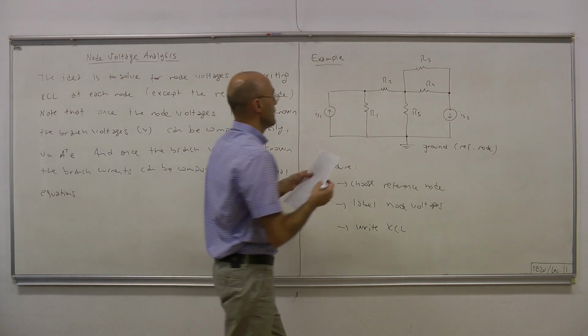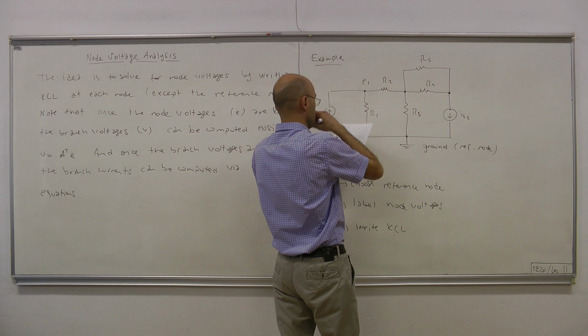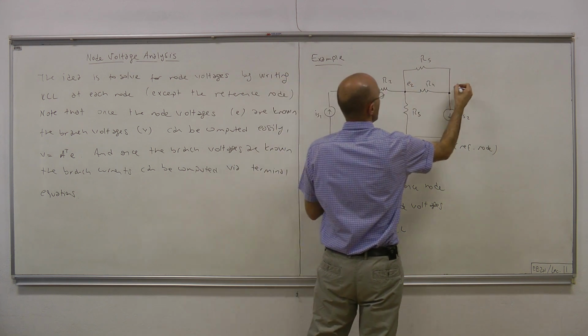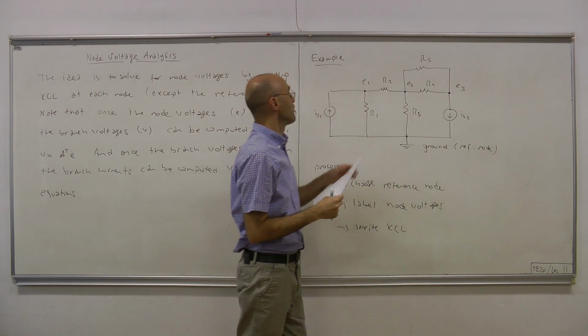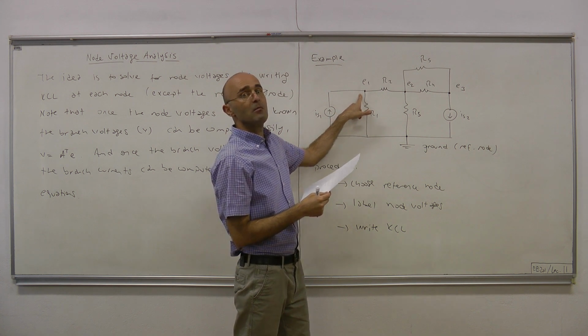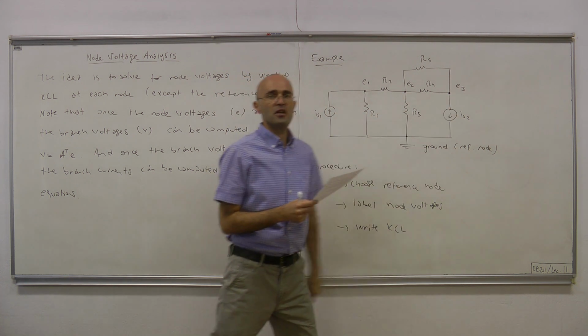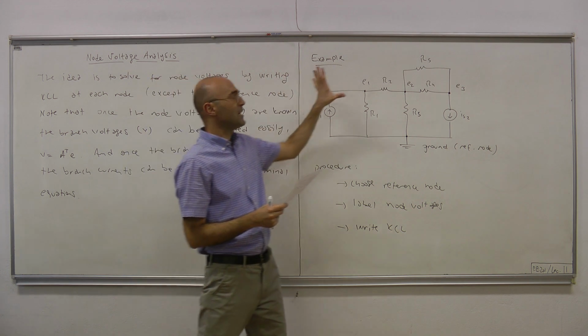So let this be our first node, this is the second node, and this one is the third node. Therefore, this node voltage we label E1, this is E2, and that's E3. So this is the labeling part.